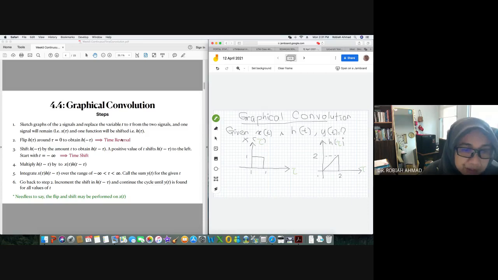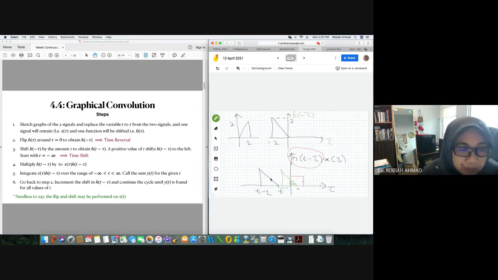That's why chapter 1 tu penting lah, kita kena faham time reversal dengan time shifting. Then after that we're going to do the multiplication between these two signals h(t minus tau) and x(tau), and then the Y will be the integral of these two signals.